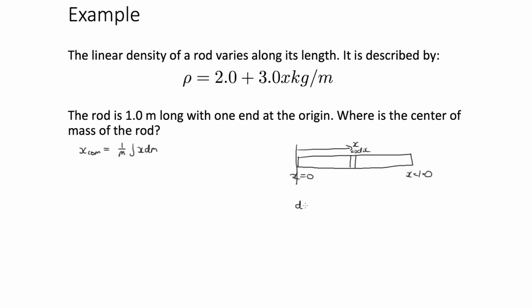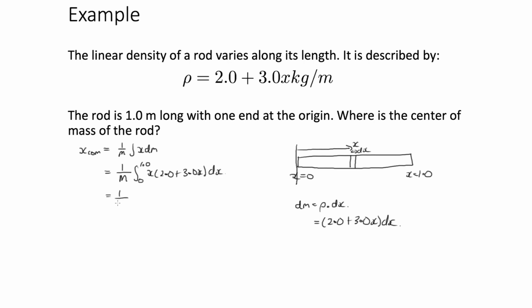So dm is going to be equal to the density times dx. We can substitute in the density from up here, so (2 plus 3x) dx. So x for the center of mass will be 1 over the total mass times the integral. Now we do have the limits on our integral, going from x equals 0 up to x equals 1 of x times dm, where dm is (2 plus 3x) dx.